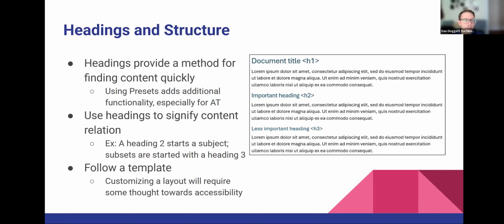Here on the screen, I have an image of a standard heading structure. We have a document title, which is listed as an H1, or heading 1. There's an H2 below it, which is information within that, so it's nested within it. So if you have your document title, this is an important heading within that.